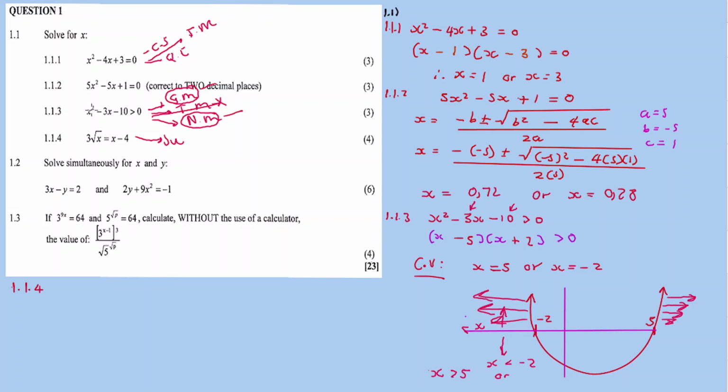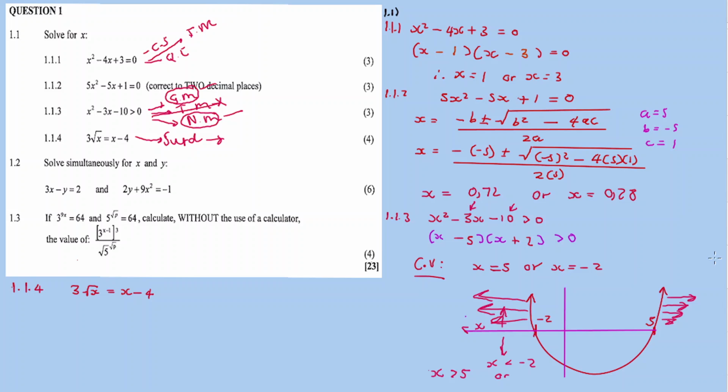You can also look at it as a quadratic equation, right? But I will view it as a surd equation because I think that approach will be simple. So 3 square root x equals x minus 4. This is a surd equation.